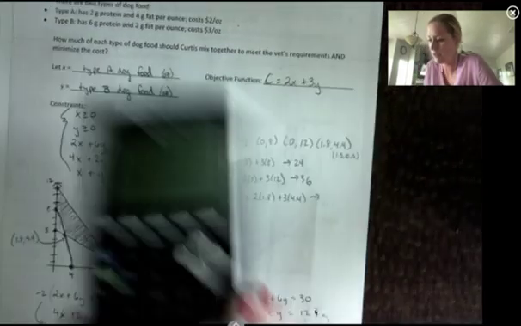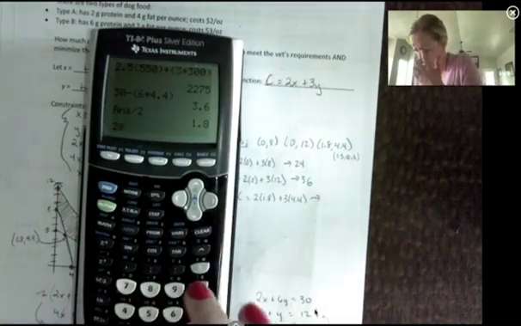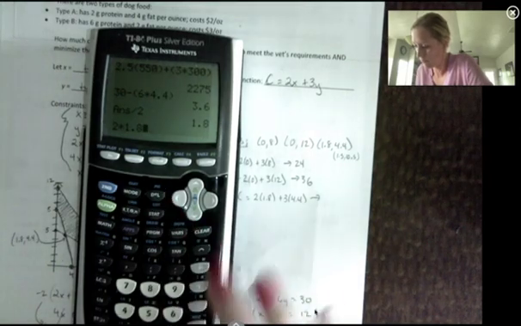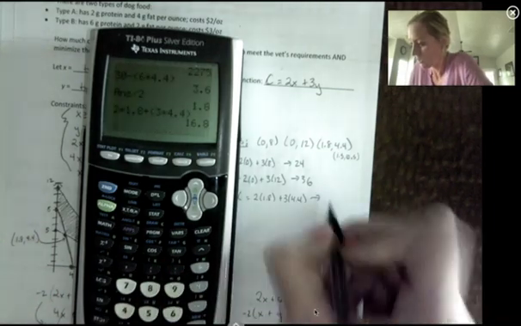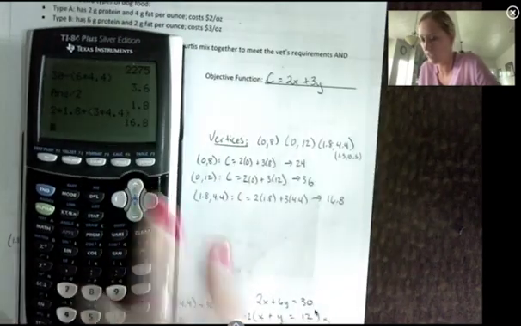Okay, testing 1.8 and 4.4. I'm going to do that one in here. So we have 2 times 1.8 plus 3 times 4.4. So we get 16.8. So far that's our minimum. One more to test.